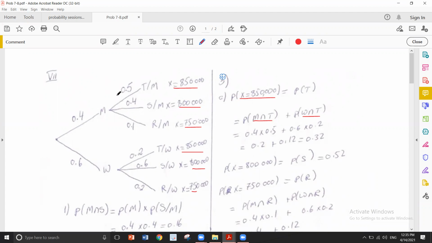So 0.4 times 0.5 plus 0.6 times 0.2. We get 0.2 plus 0.12, we get 0.32.